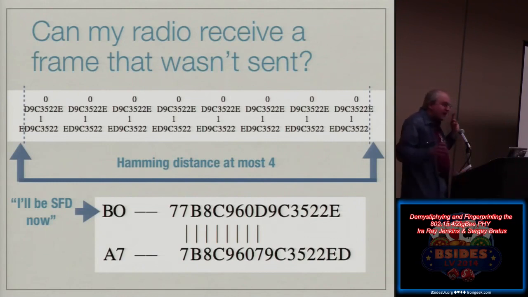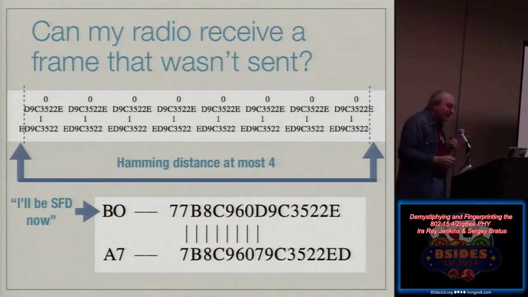So you sort of have this illusion of the PHY layer as taking a frame and transmitting a frame, and you getting a frame, and you expect to get the frame that was sent, or you expect to not get it because it was damaged by noise. Nowhere in your threat model is the idea that you could be getting a completely different valid frame than the one that was transmitted.